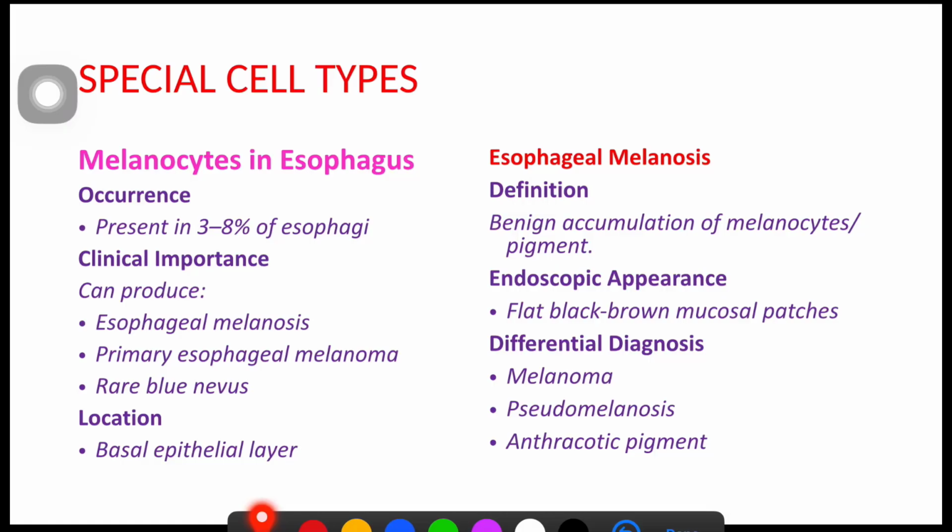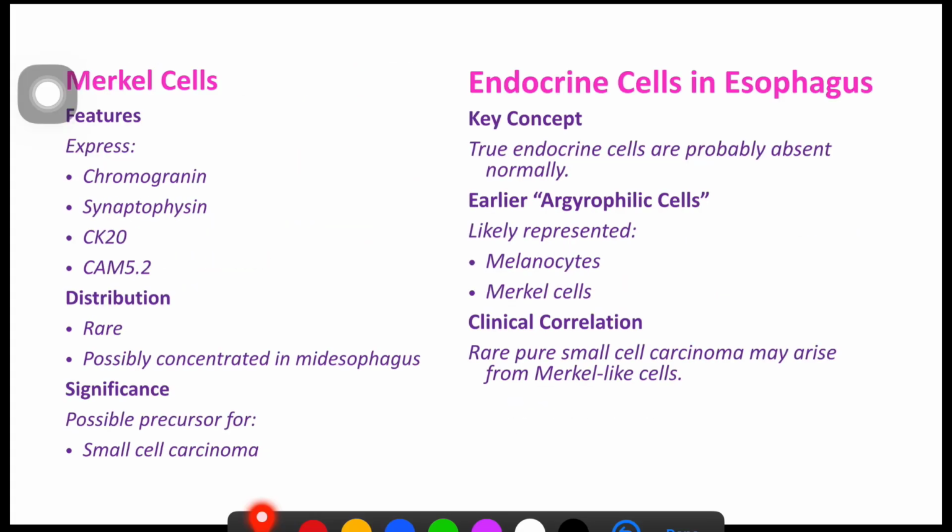So, what is esophageal melanosis? It is a benign accumulation of melanocytes or pigment. Endoscopically, we can see a flat black-brown mucosal patch, and the differential diagnosis includes melanoma, pseudomelanosis and anthracotic pigment.